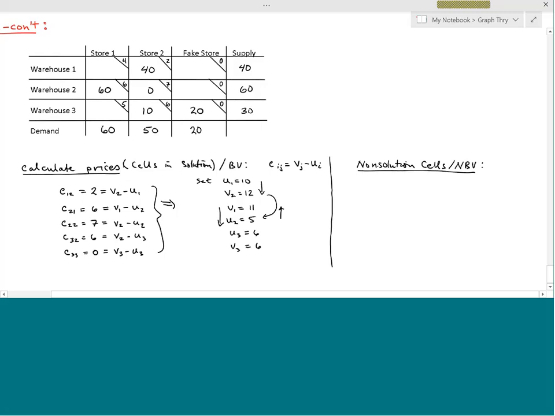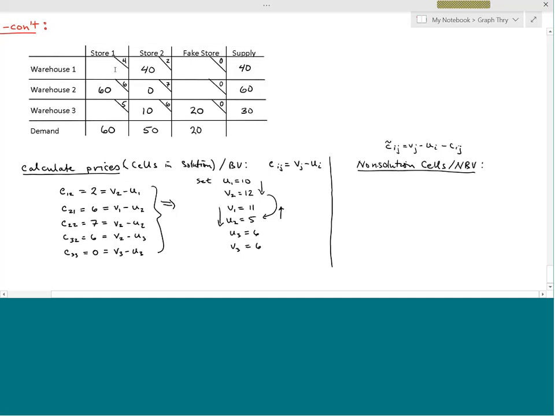And this one, we're going to use the formula, and I'll write it above here, Cij with a tilde, and this one is Vj minus Ui minus the cost in the cell. Okay, so this is how much would the new cell decrease the overall cost if we threw it into the system. Now, at this point, you want to look at these cells that are not in the solution. So these are the cells that have blanks in them.